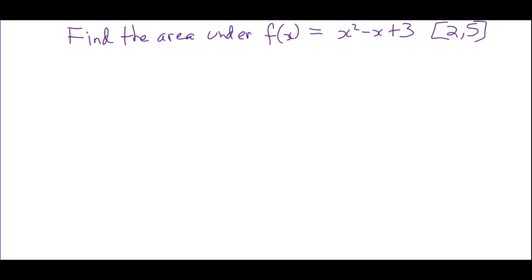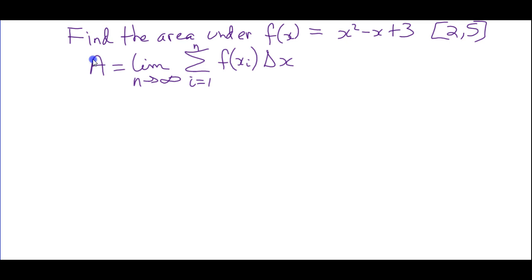All right, so where do we start? Well, we've got a formula. Area is equal to the limit as n approaches infinity of the sum from i equals 1 to n of f of x sub i delta x.